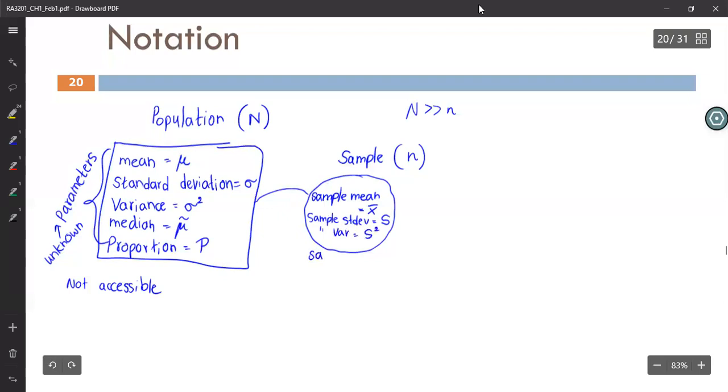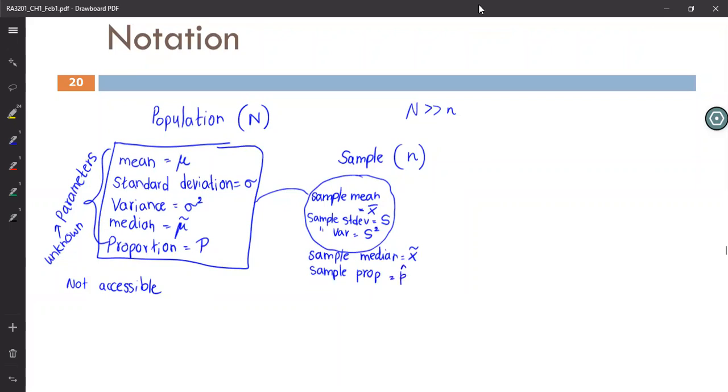The sample median as X tilde. We'll come to the other measurements later, but all these measurements you can do for the sample. And if it is the sample proportion, we use p hat.